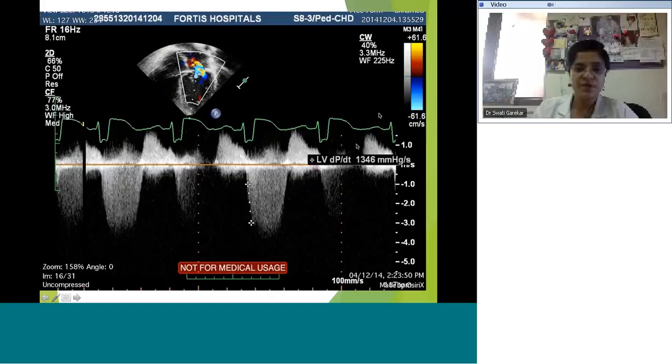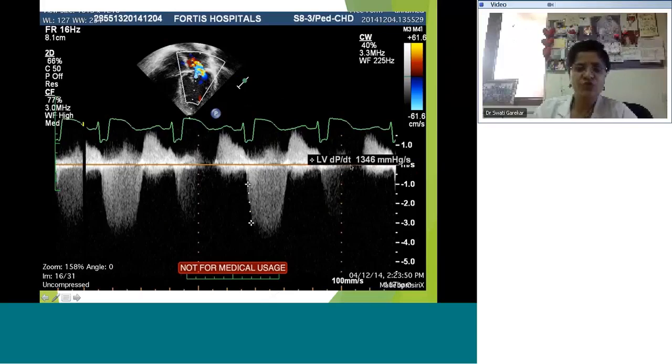That's pretty huge. Here we are measuring function of the LV. This is by something called LV dP/dt, which is pressure change over time in the first 1 second of the systole. You can use various things, but over here what we've used is the mitral regurgitation signal.